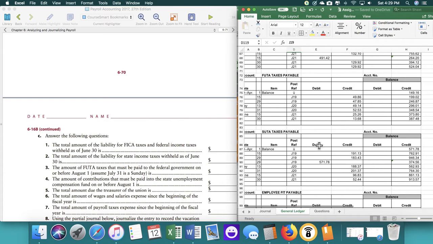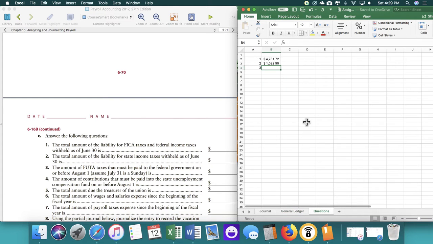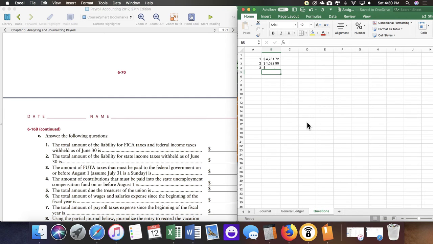We're not going to have any FICA taxes. And so this one is going to be 0 for B. Let's just check. And it's going to be the same for when you do problem A.